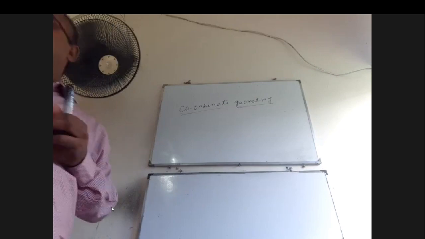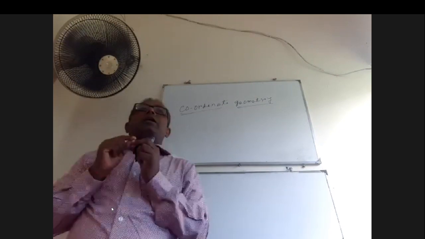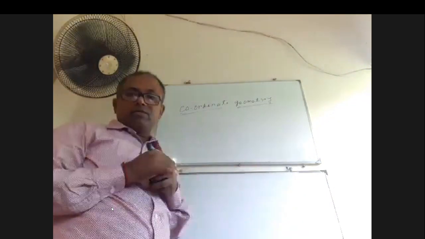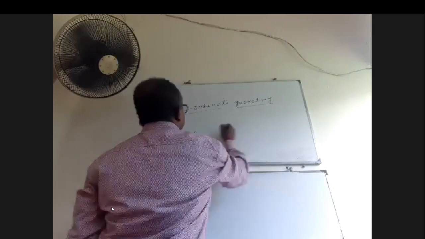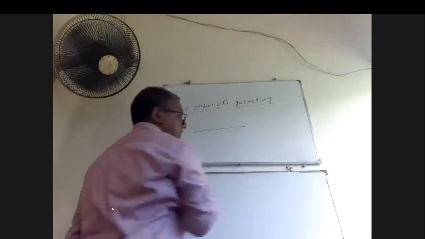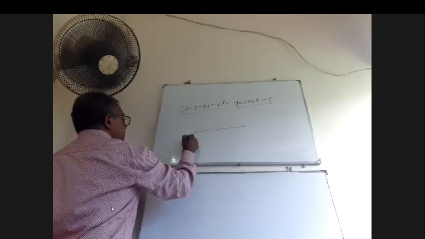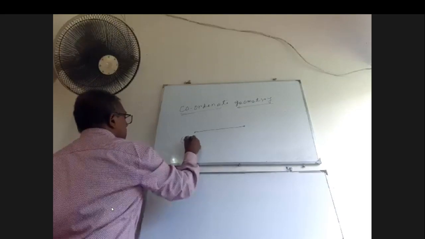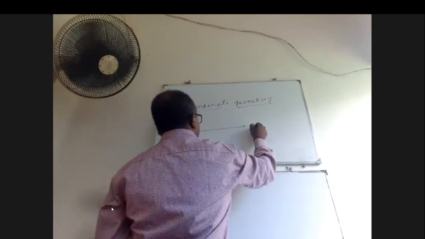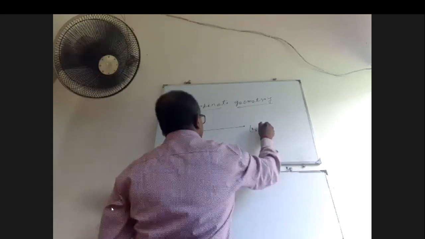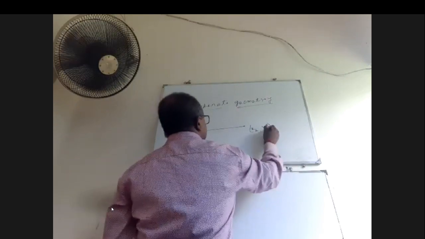Now I will discuss how to determine the middle point of a line segment. Friends, this is a line segment, and let us assume the coordinates of this point are (x1, y1), and the coordinates of that point are (x2, y2).